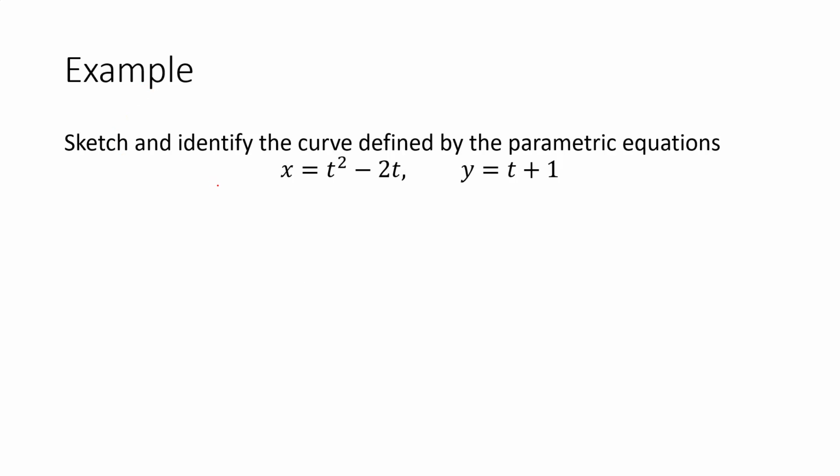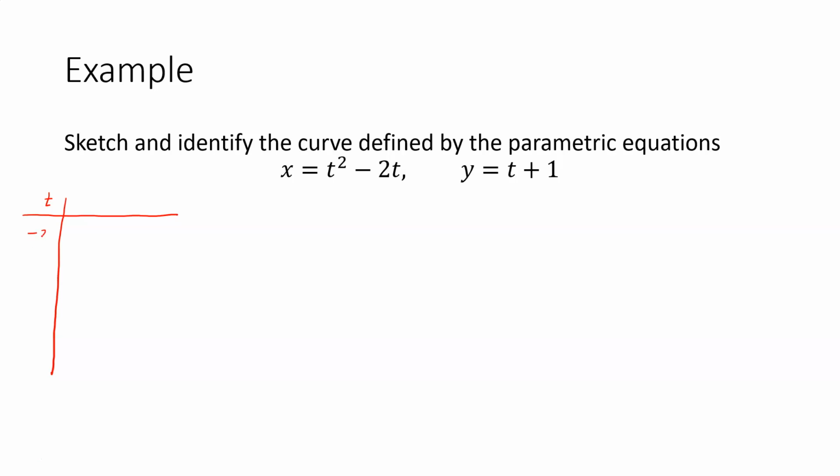Suppose I want to sketch the curve defined by the parametric equations x equals t squared minus 2t and y equals t plus 1. One way to do it is to make a table, and we look at the x and y coordinates for several different values of t.